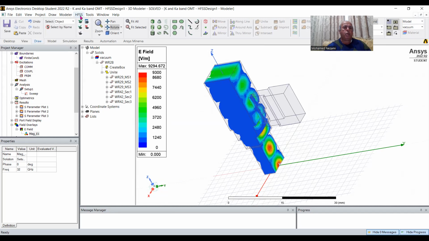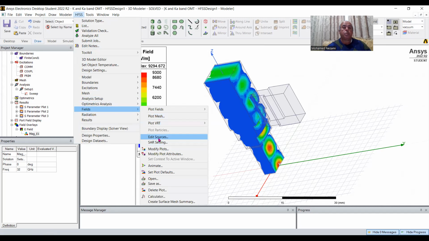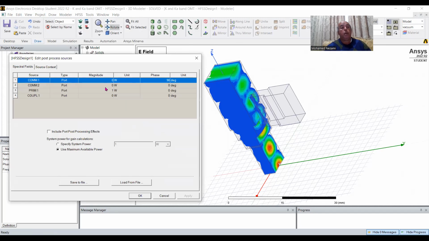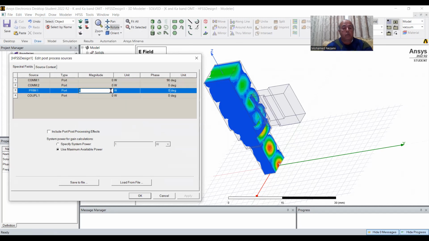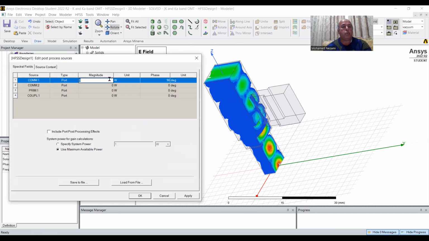Now in this case, we're gonna go to the E field and to the field, and we're gonna edit the sources. Now I want to excite it so that I look at the other one. So we're gonna put 0 in here, and there is the C port, which is this one here, the coupled port.